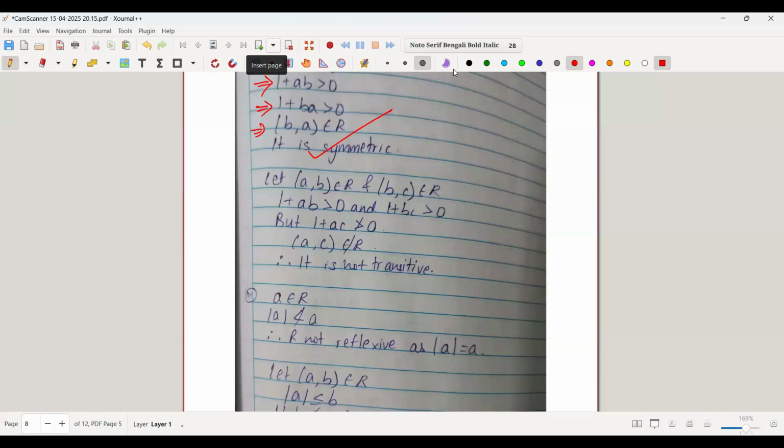I am talking about the transitive part. How did you conclude this statement? If you use some property, you have to write it beside. Which property have you used? Tell me.